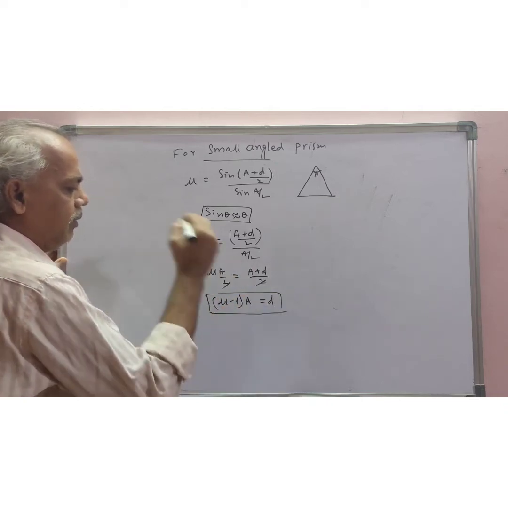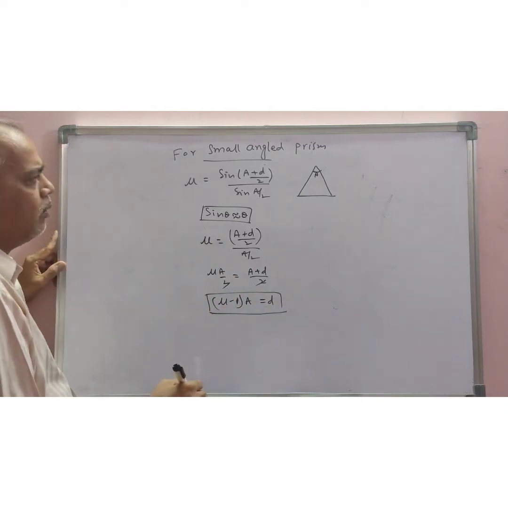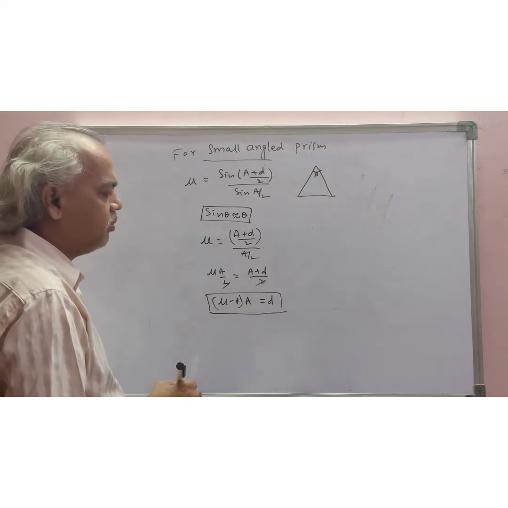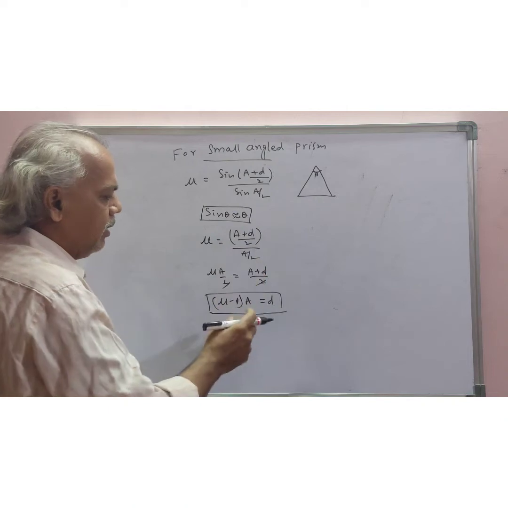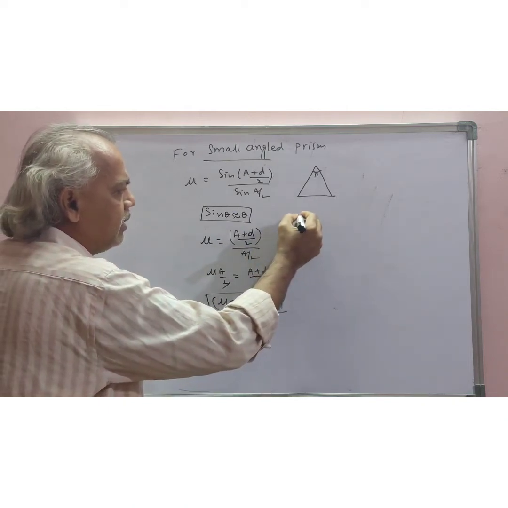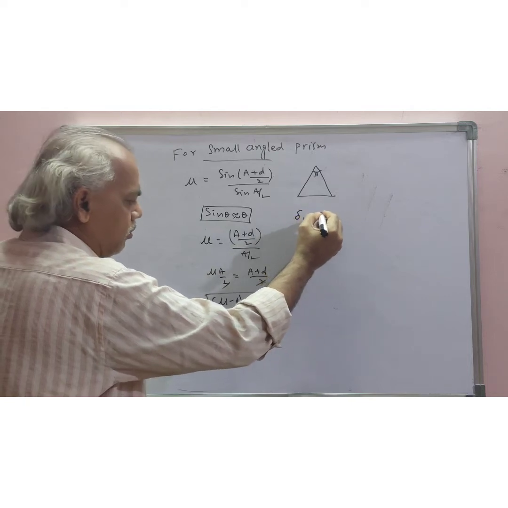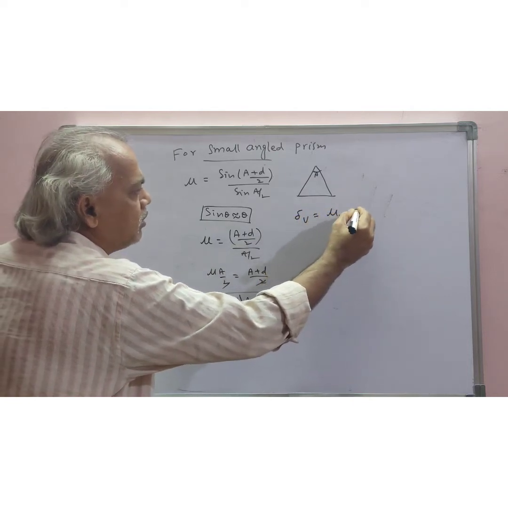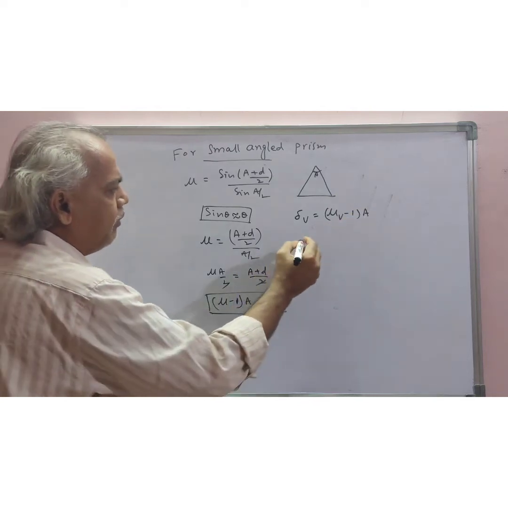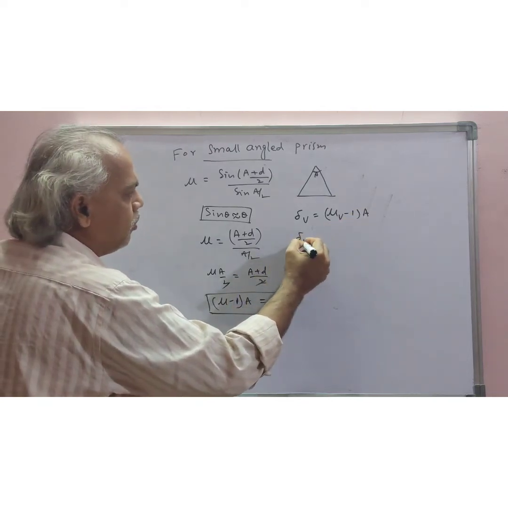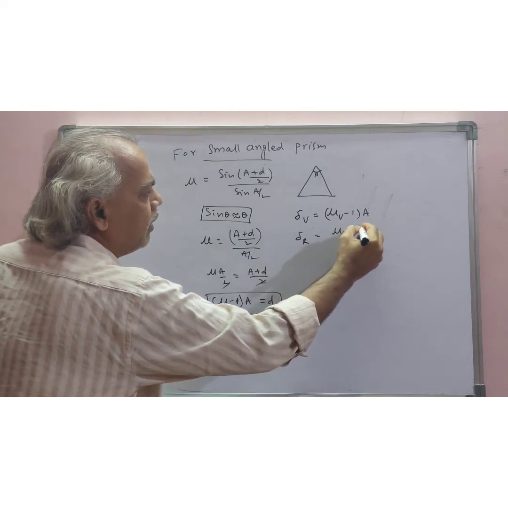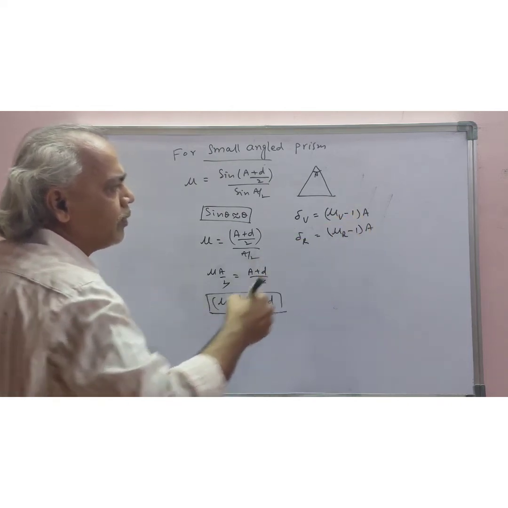It is the deviation formula. Okay, in dispersion, which color deviates more? That is violet color. For violet color the deviation is δv equal to (μv minus 1) into A, and for red color δr is equal to (μr minus 1) into A.